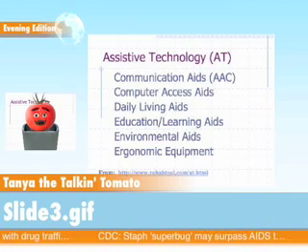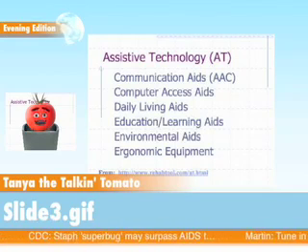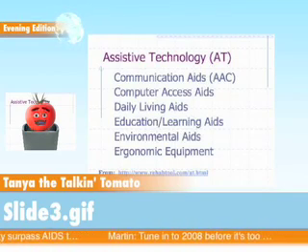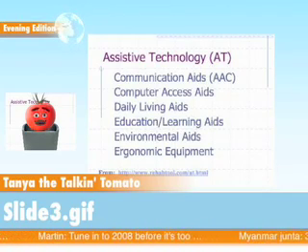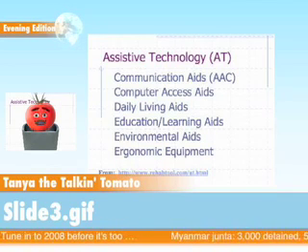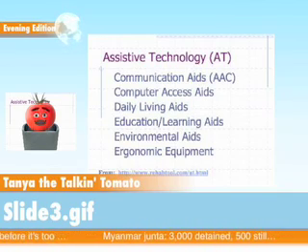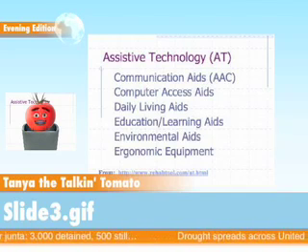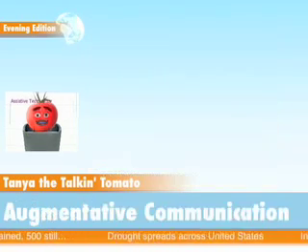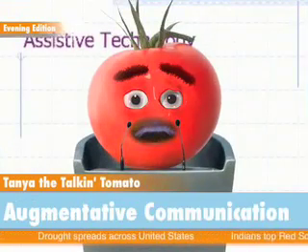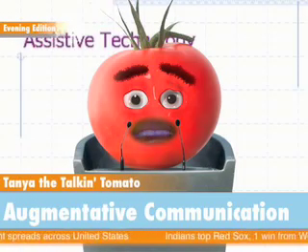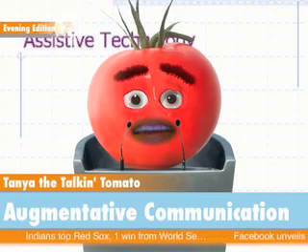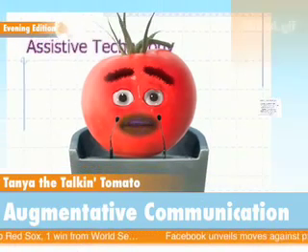Also under that are braille devices. These are all communication access aids. Then daily living aids like clothing and dressing aids, eating and cooking aids, home and maintenance aids, and toileting and bathing aids. All of these are under assistive technology, ways that people with special needs, or even typically developing people, can benefit in their daily lives.